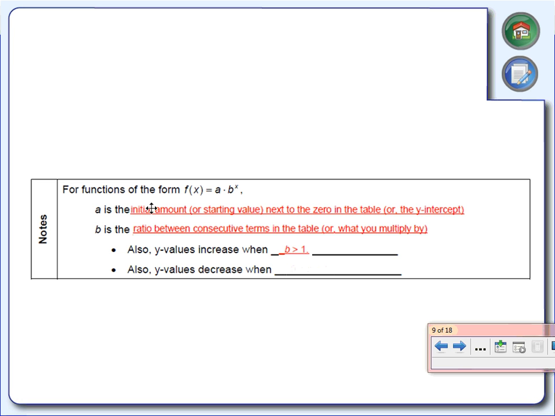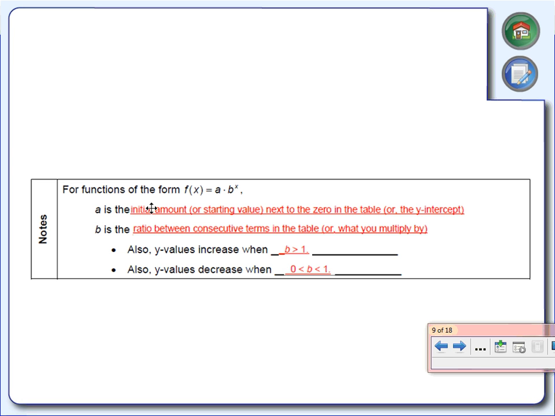So we're going to say any b value that's between 0 and 1 would give us y values that are decreasing. So numbers between 0 and 1, that's kind of like, let's see, we had a 0.5, we had a 0.8. Those are numbers between 0 and 1.